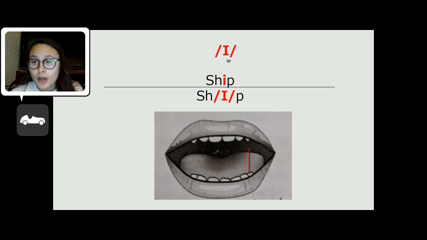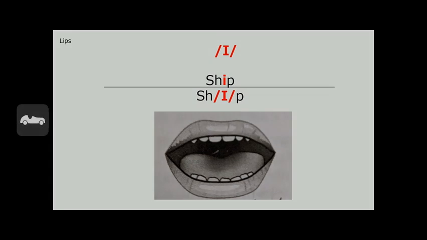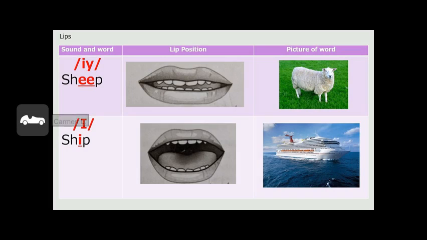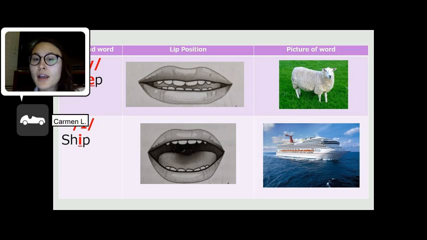They are more open and your jaw drops a little and your lips are not as spread as they are in E. I'm going to repeat the E and I sounds, and I want you to pay attention to the position of my lips.